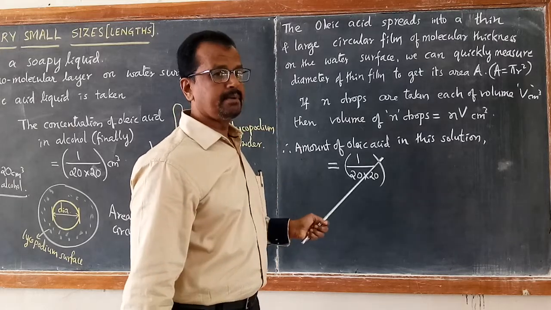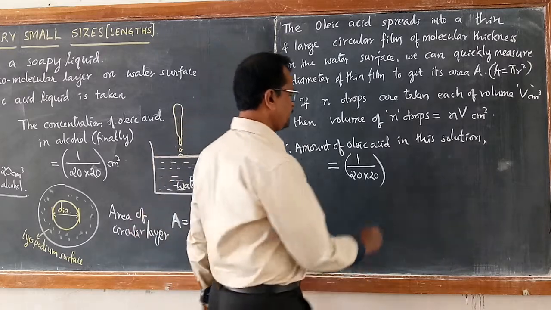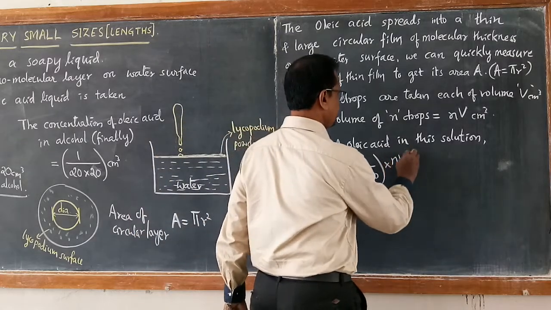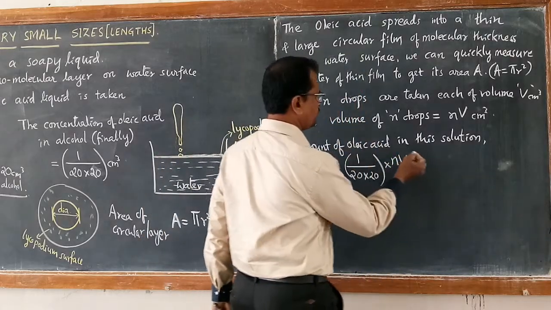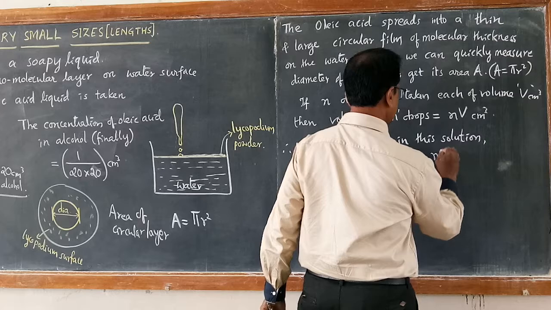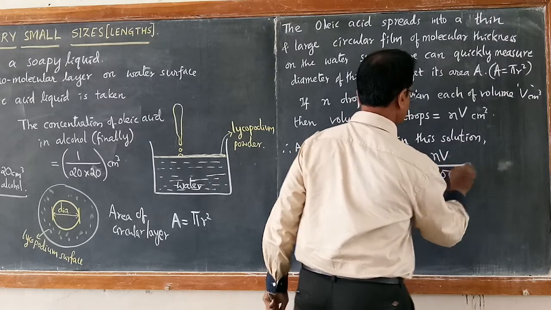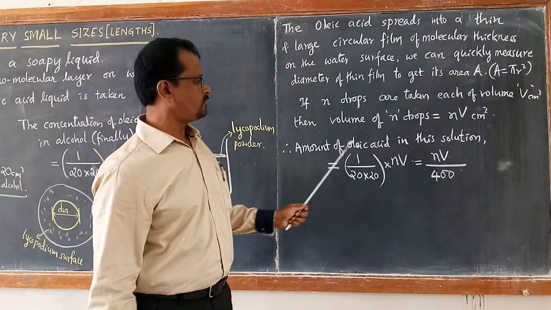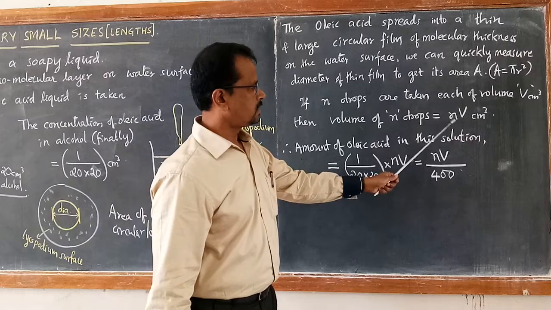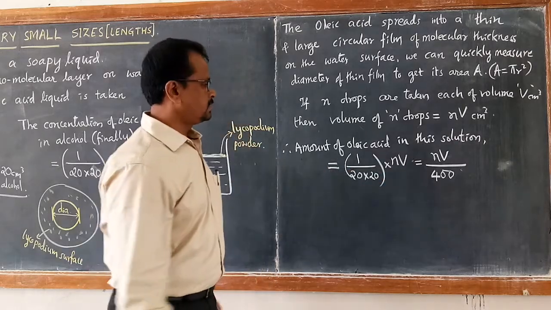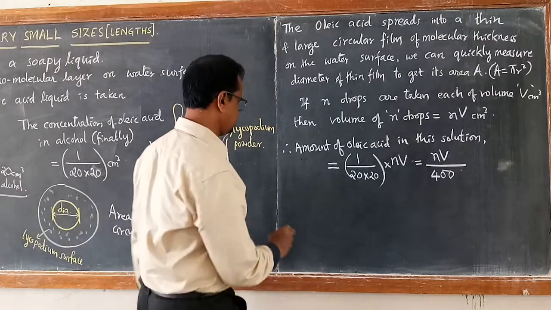Amount of oleic acid per centimeter cube of alcohol is 1/20 into 1/20. This is multiplied by nB. So that becomes the volume of oleic acid in the solution that is taken of n such drops. Then we can calculate the thickness of that layer.